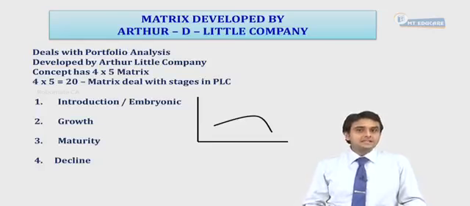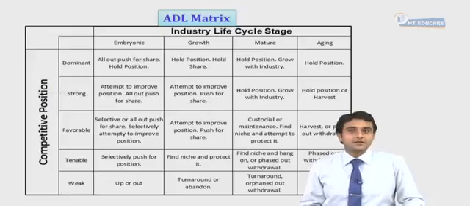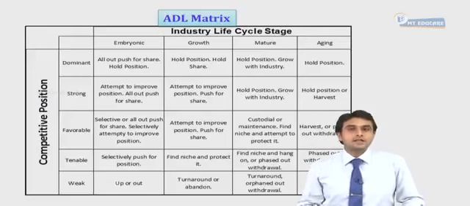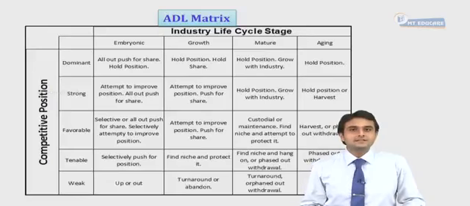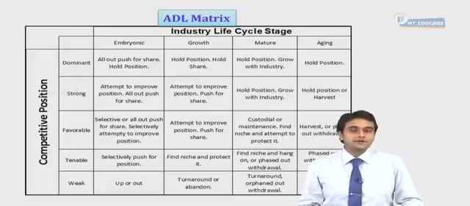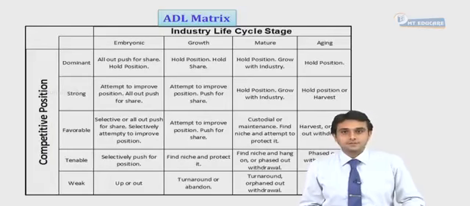But these are stages of the industry maturity or the industry life cycle, as compared to the product life cycle, where those were the 4 stages of the product. Here, these are the 4 stages of the industry in which the business is functioning, which is represented on the x-axis, and the y-axis represents the competitive position of the product in the market.